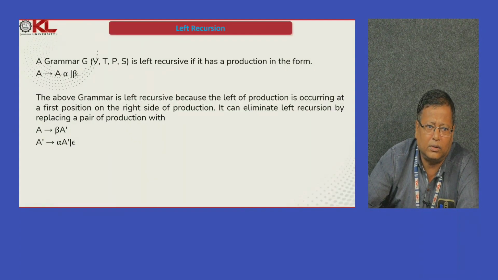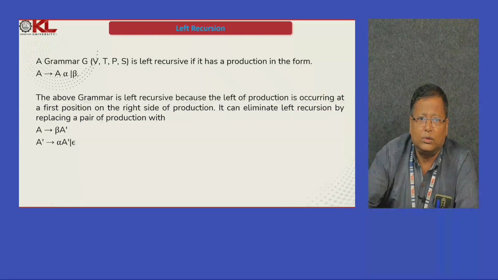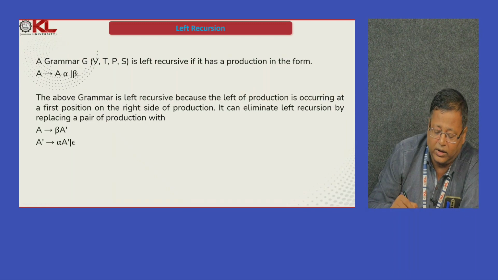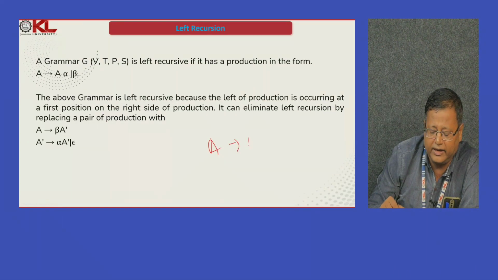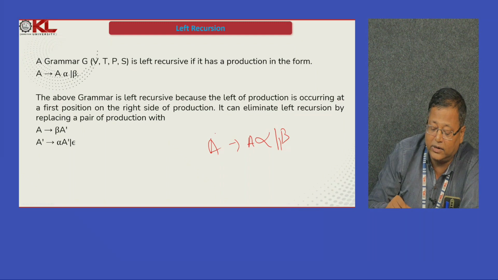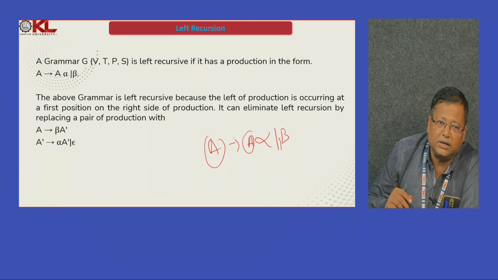So left recursion. Before doing the left recursion, all of these are known, then only left recursion is remaining. Grammar G is equal to V, T, P, S, and the left recursion is when it has the production in the form A derives A alpha or beta. If it is like that, then this is a left recursion, A derives A alpha is known as left recursion.